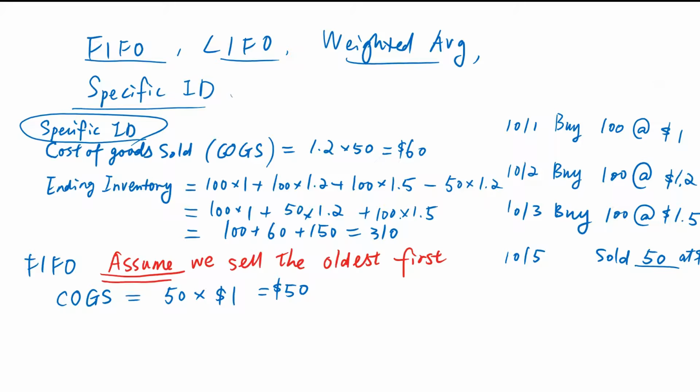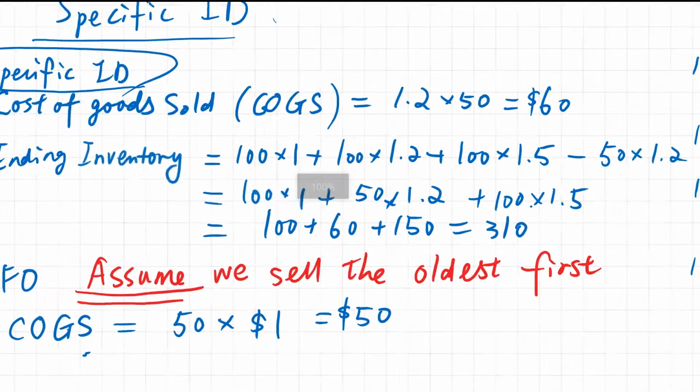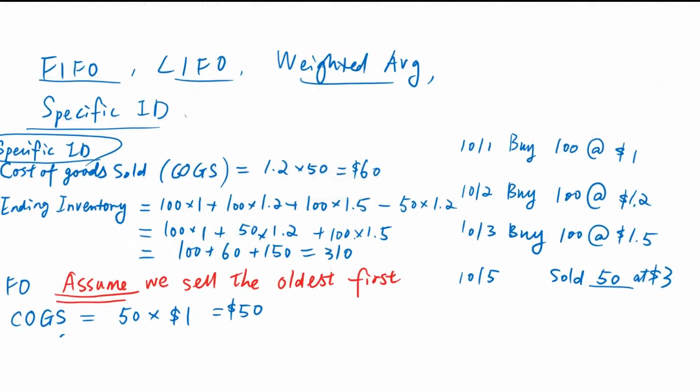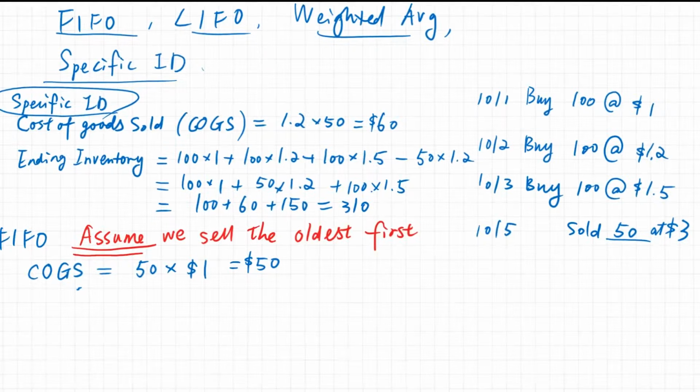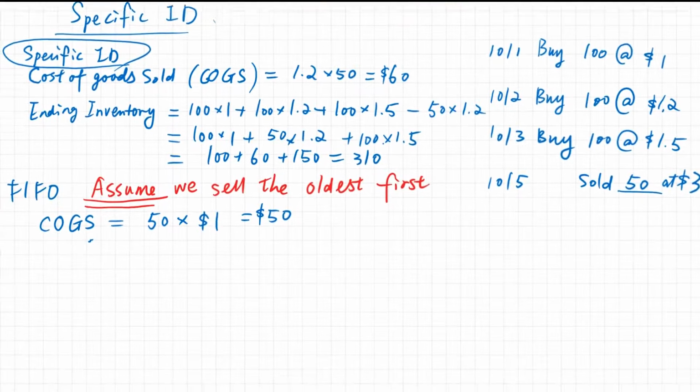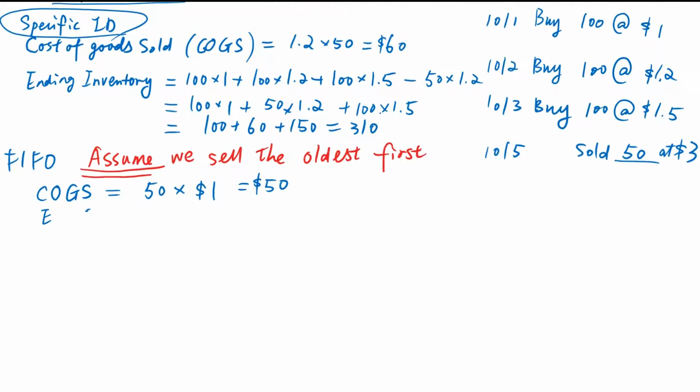And then after the sale, how much is left? Well, ending inventory would be, you will still have 50 of the $1 apples left.